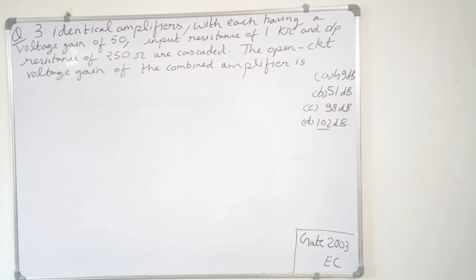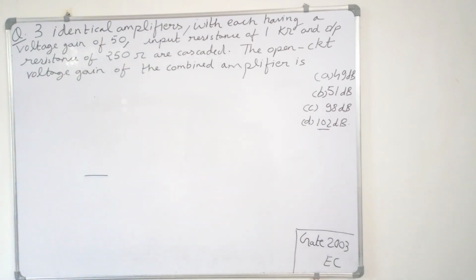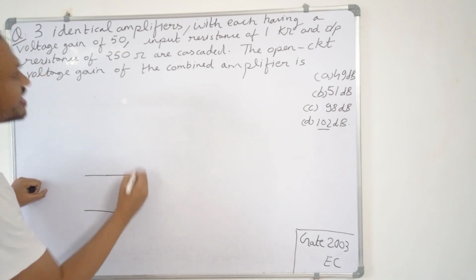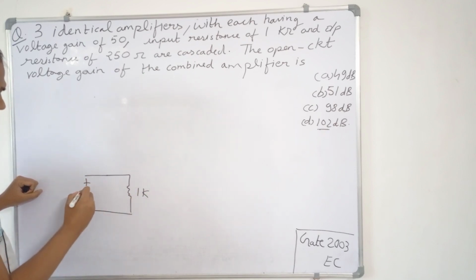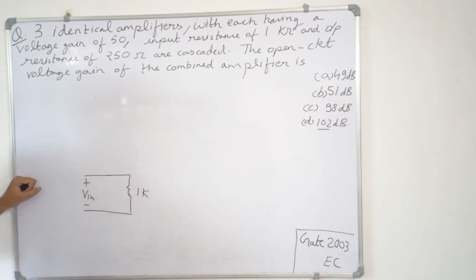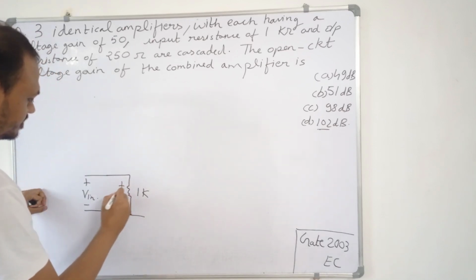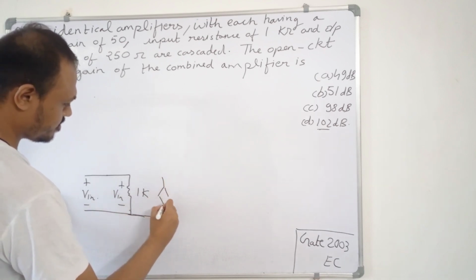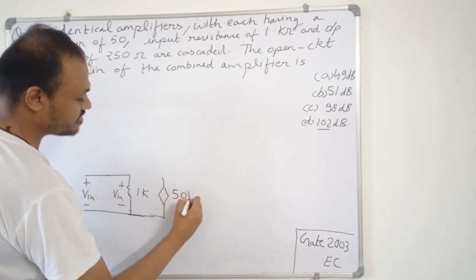Now we will draw the equivalent circuit of an amplifier. This is a voltage amplifier with input resistance 1K. Its voltage gain is 50, so the dependent source will be 50 into Vin.